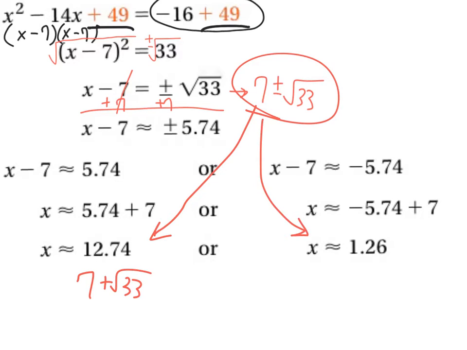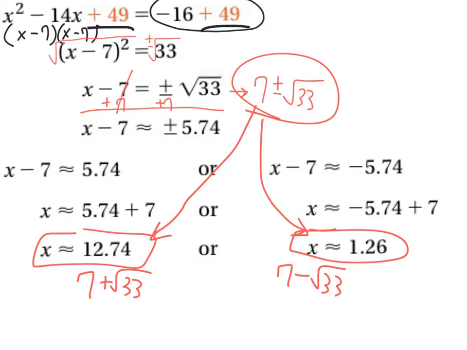And then over here, this would be 7 minus the square root of 33. So this would be if they said, what are the answers to the nearest hundredth? Then we could write them out like that. And they really should specify whether they want an exact answer or if they want estimates, or maybe they want both. Maybe they want exact answer and estimates on these problems.